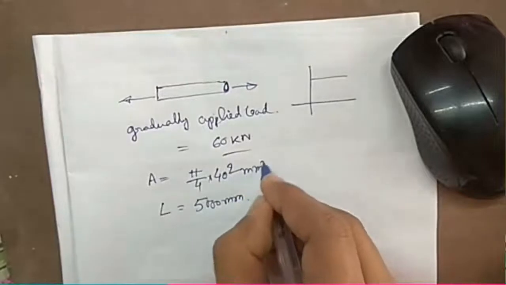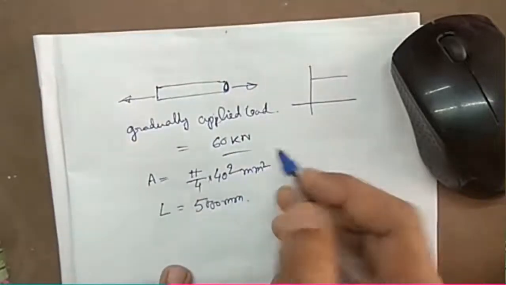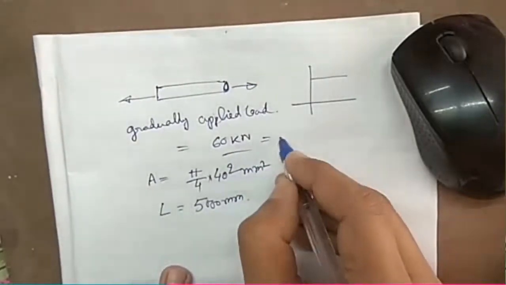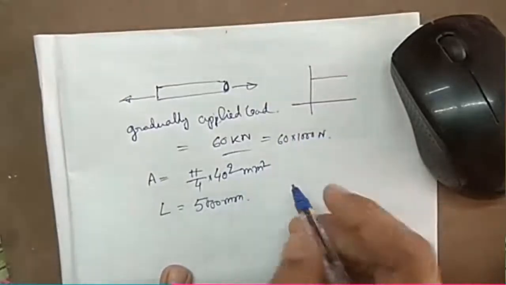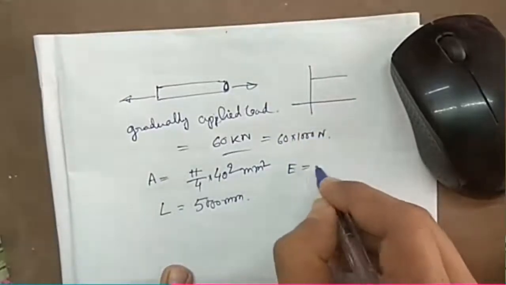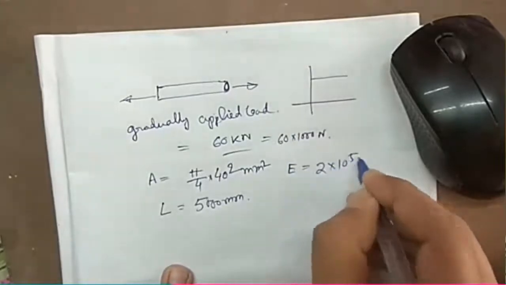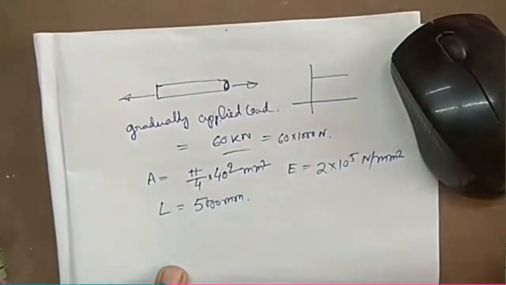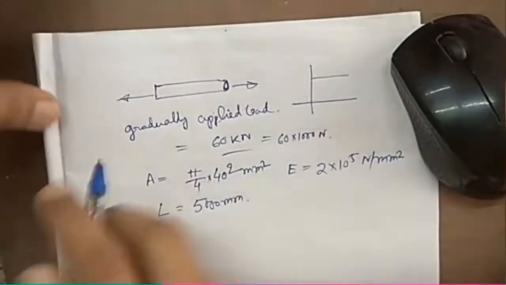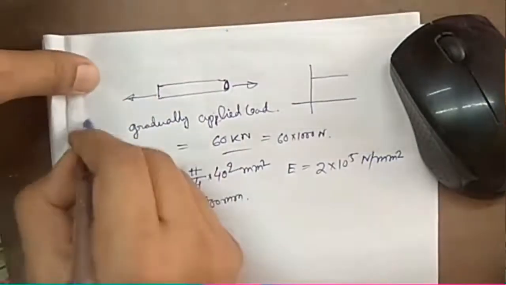This is mm square, this is in kilonewton. We will convert it into newton: 60 into 1000 newton, and elastic modulus is given 2 into 10 to the power 5 newton per millimeter square. That is the given data. Okay, we will write it up.